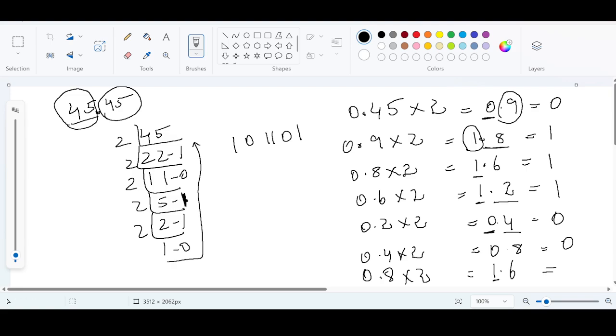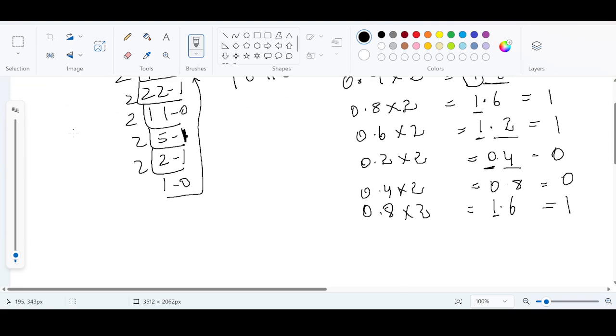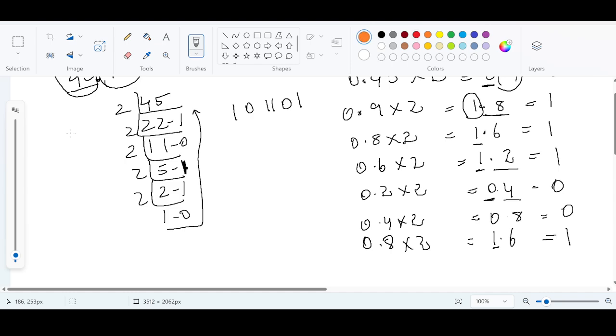You have to collect 1. If you focus here, this step is similar to this step. No matter what I do, this is repetitive. After this I will get 1 0 0 1, and again 1 0 0 1 will be repeated. Don't you think so?